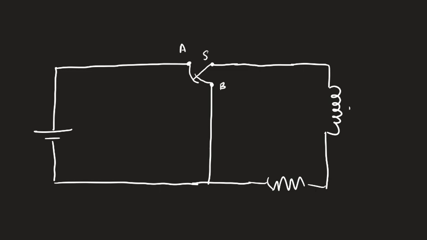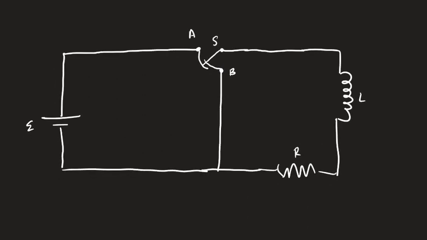All right, so inductor, terrible resistor, and an EMF. This is what's known as a make before break switch, where the new connection is made before we break the old connection. Sometimes they will just put MBB switch.